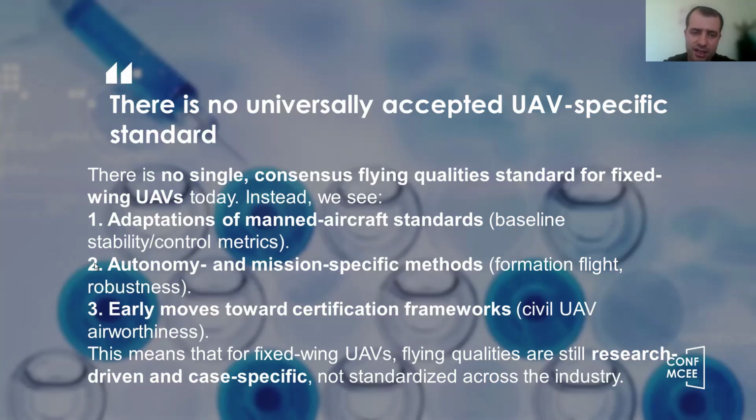Studies on guidance and control for fixed-wing UAVs show that disturbances, sensor quality, and autonomy play a bigger role than in manned aircraft, meaning stability and control requirements need rethinking. Many newer works treat flying qualities in terms of formation flight, fault tolerance, and autonomy robustness.